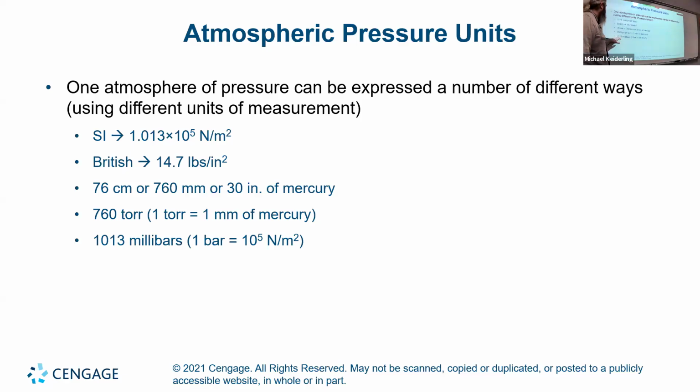But atmospheric pressure is 1,013 millibars, so 1,013 thousandths of a bar. For actual weather measurements, pressure is primarily measured in millibars, because pressure for weather varies from around 900 to 1,100 millibars, roughly.